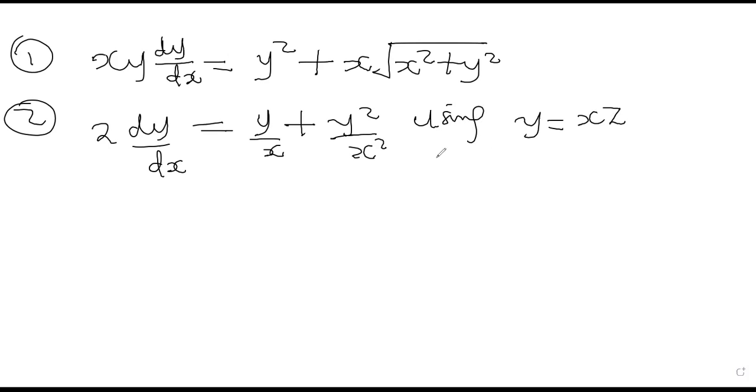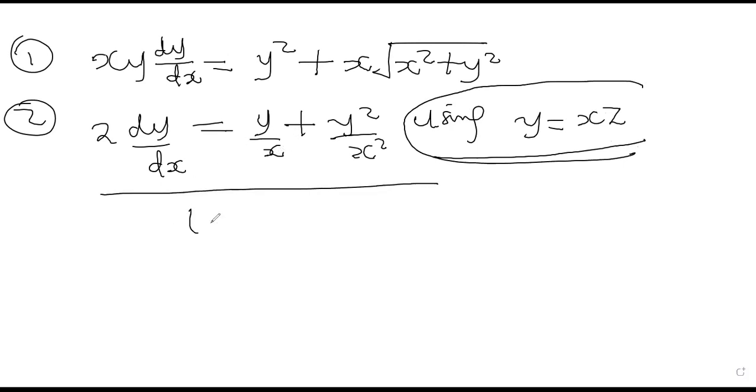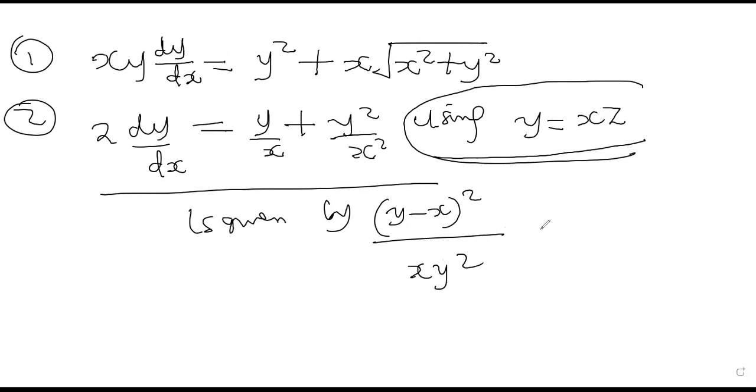Let's phrase it like this: using substitution y is equal to xz, show that the solution of this equation is given by (y minus x) squared over xy squared is equal to a constant.